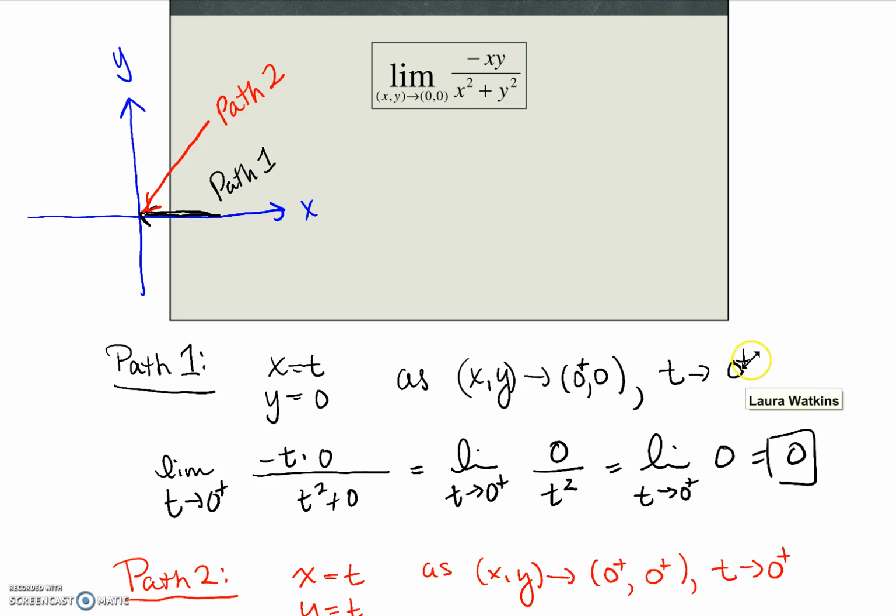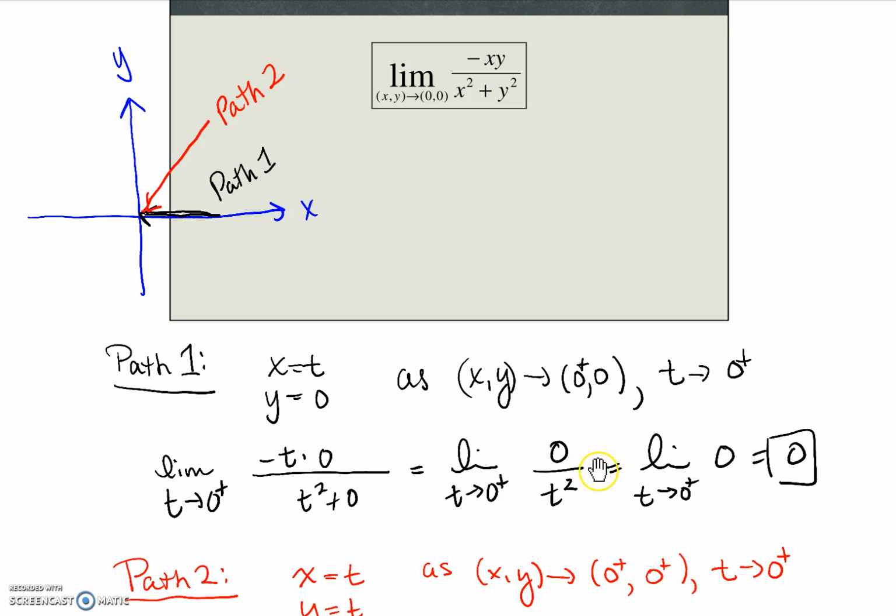At this point, once we have made this parameterization and noted that this would cause t to approach 0, we can go ahead and plug this information into our limit. And so instead of xy going to 0, 0, we'll have t going to 0 from above. I replace x with t, y with 0. So when I do that, my numerator becomes 0 over t squared.